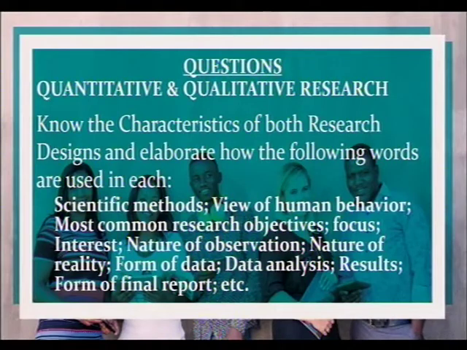You can also look at both designs: what are they saying on nature of reality? There is a nature of reality different from the other. How do we look at that? The form of data or information that we collect in qualitative research design, and the nature of data or information that we collect in quantitative research design.